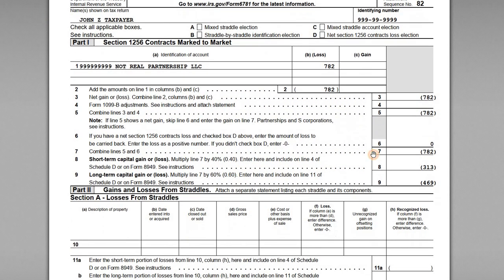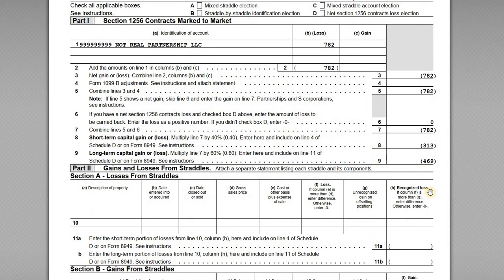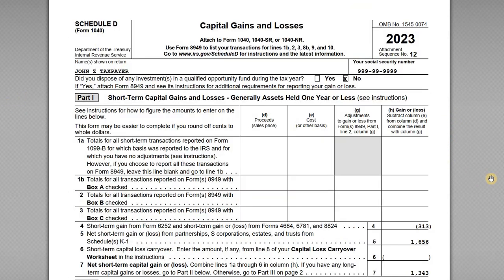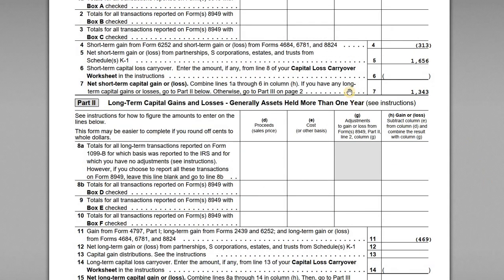reported on the 6781. Now, once the 6781 is completed, the net gains and losses are split between short and long term. So we've got short-term capital gains or losses is 40% of the total. Long-term is 60% of the total. And so these amounts, after you've calculated them, are then also reported on Schedule D. So if you have Schedule D, go back here, you can see on line 4, we have short-term gains from 6781, right?